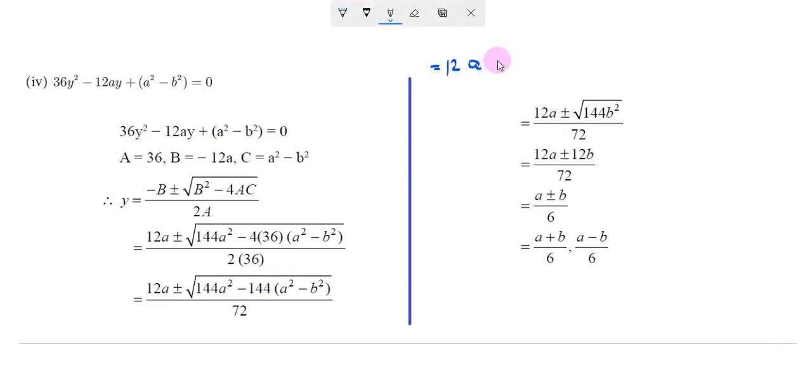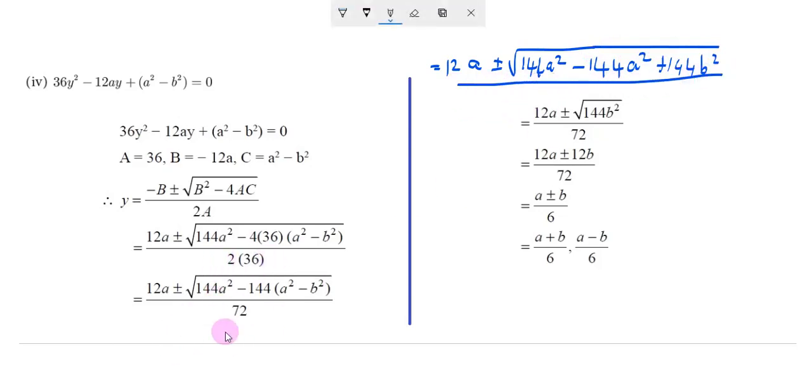That is equal to 12a plus or minus, okay, the next step I write here, 12a plus or minus root of 144 a square minus 144 into a square minus b square. So minus 144 a square, and now minus into minus is plus, plus 144 b square, whole divided by 2a value 72.